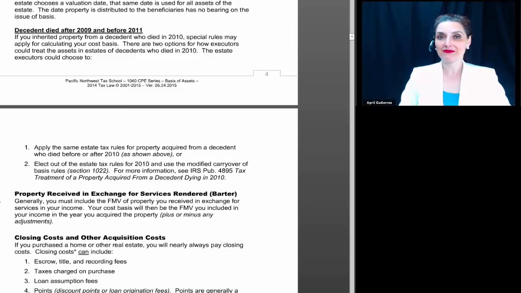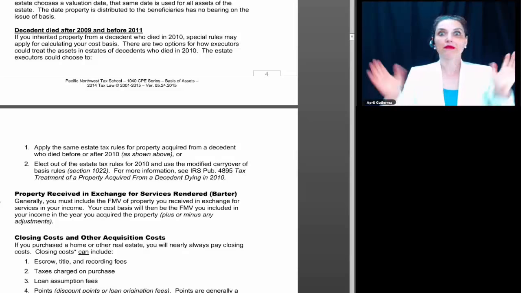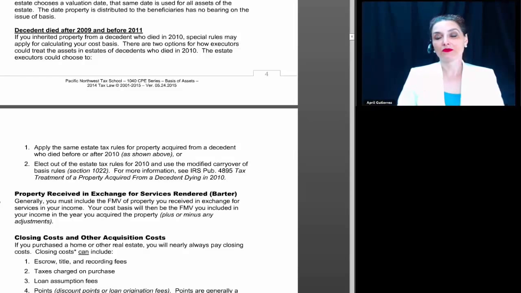And you can just imagine what it might be like trying to figure out what a decedent's basis is if they're dead and they can't tell you where the records are, or how to interpret them, or work off their memory. Very complicated. And the fact that we do work, in most cases, from the date of death or 6 months later really simplifies things. We don't have to worry about what a decedent paid for something and what depreciation deductions they may or may not have taken. It doesn't matter. All that matters is what the asset was worth on the date that they died, and that's why I think figuring the basis in inherited property is so easy.